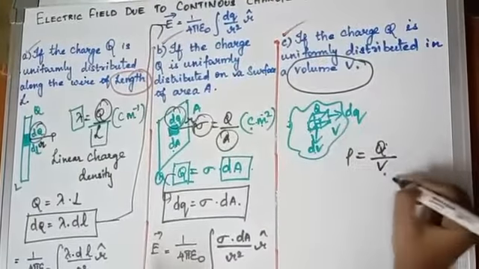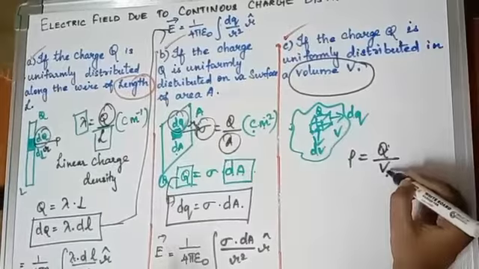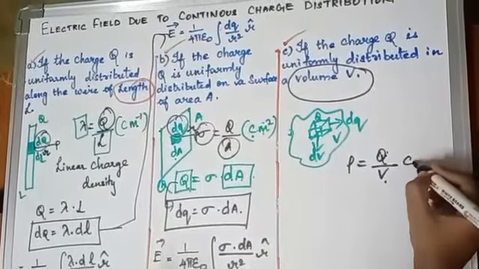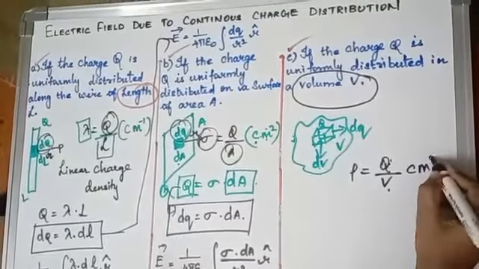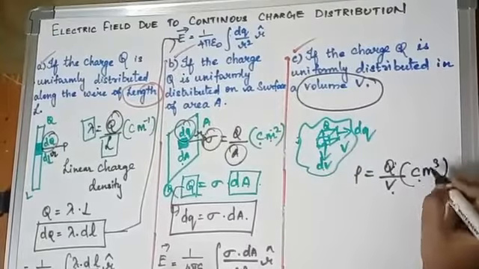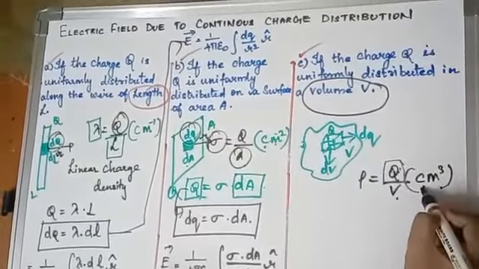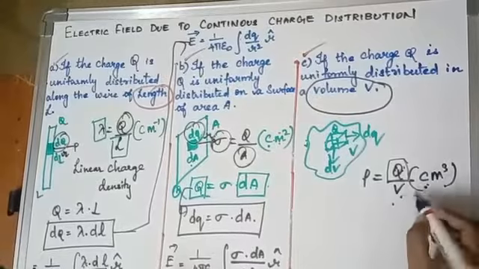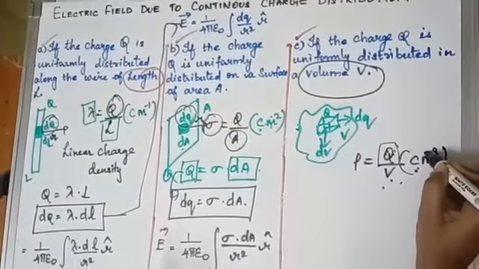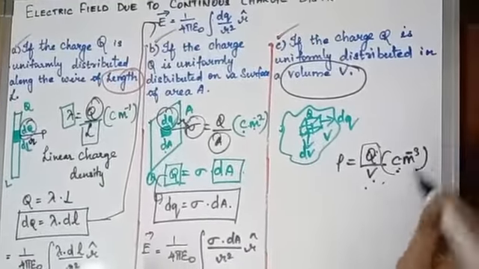The unit of volume charge density is coulomb per meter cube, because the unit of charge is coulomb and the unit of volume is meter cube.